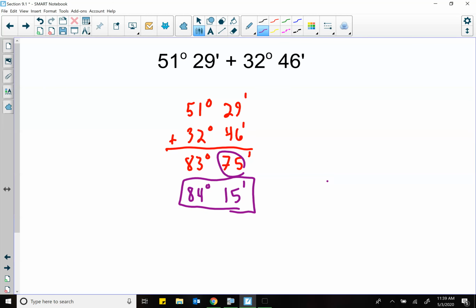So right there is the real answer. And you can have the calculator do this for you. There's nothing wrong with that. Your calculator can add degrees, minutes, and seconds and all that.